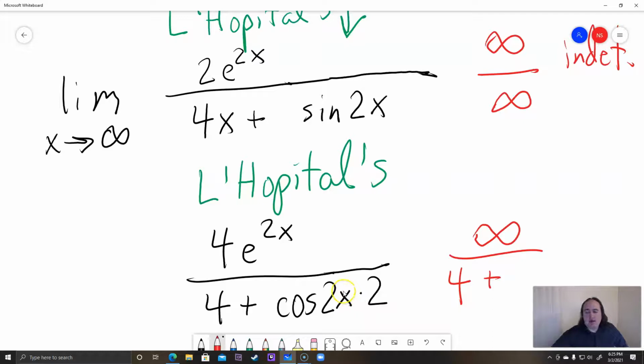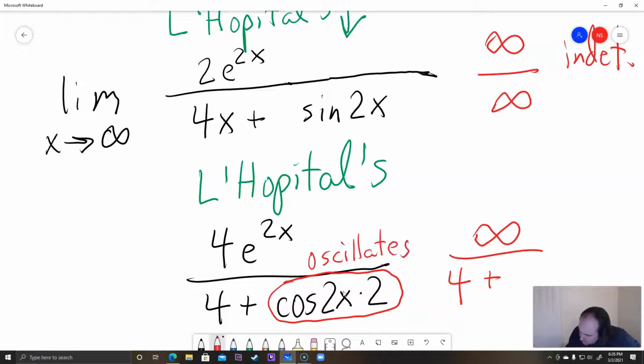Well, remember that cosine just goes up and down, it oscillates. So this right here, the cosine of 2x times 2, just oscillates. But it does not go to infinity, is the important thing. So it's just going up and down from 2 to negative 2 over and over again. But what that means is that this is actually just going to be 4 plus an oscillating function.